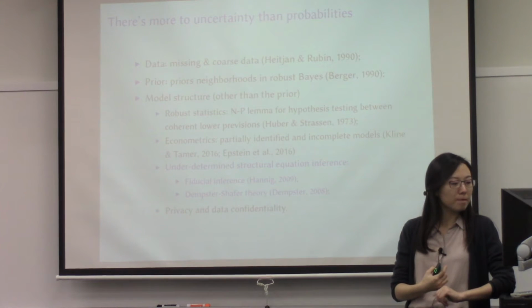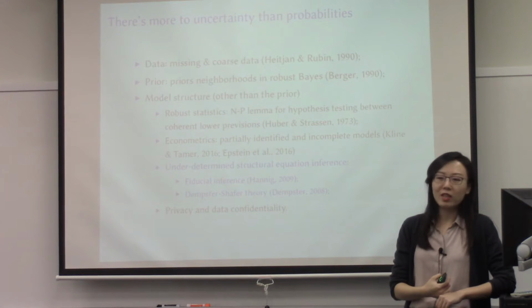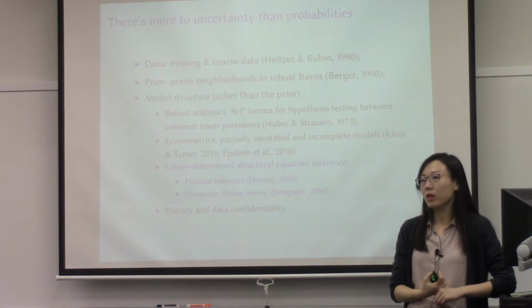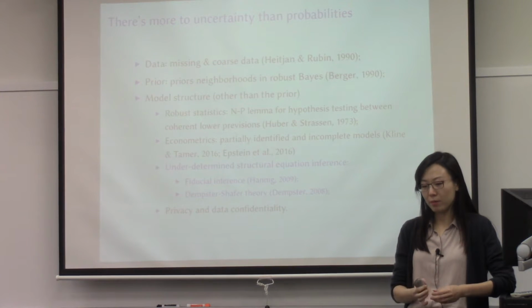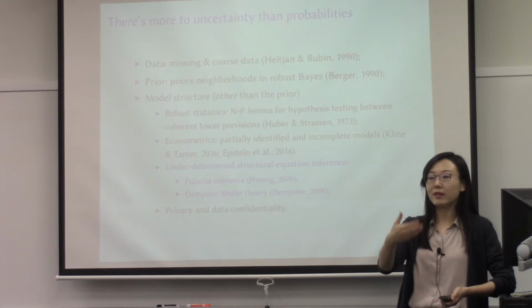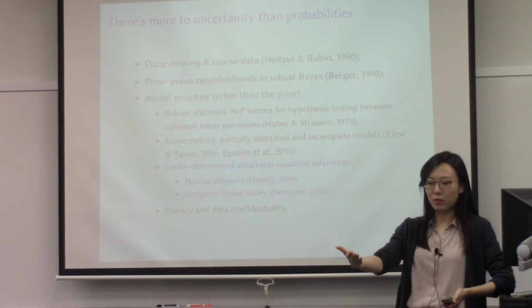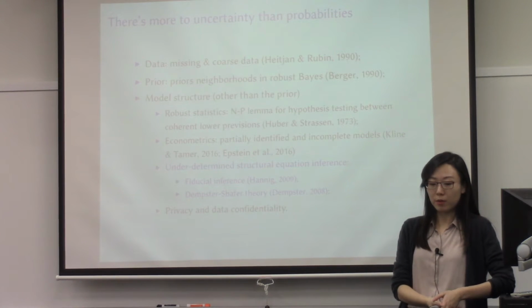Also, privacy and data confidentiality is a natural area where this idea of sets of probabilities arises. If we would like to protect an individual's identity in the entire data set, the popular proposal by Cynthia Dwork and her colleagues is the notion of differential privacy.